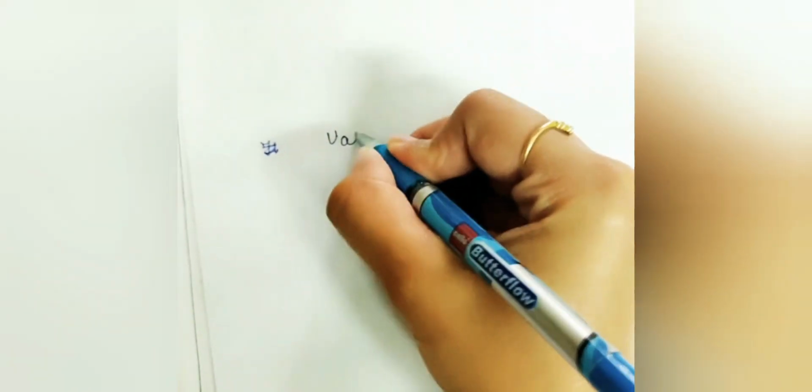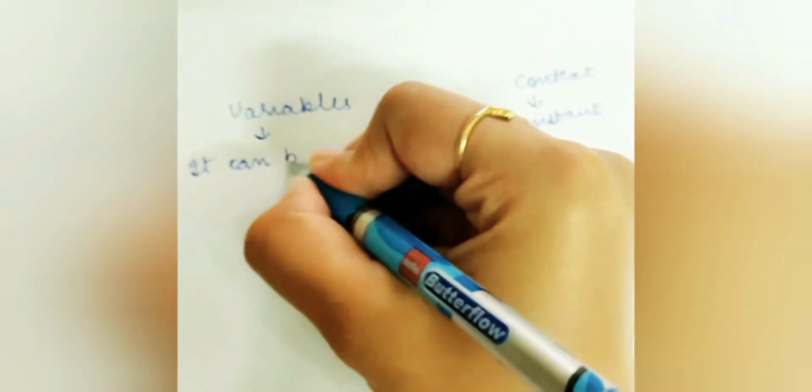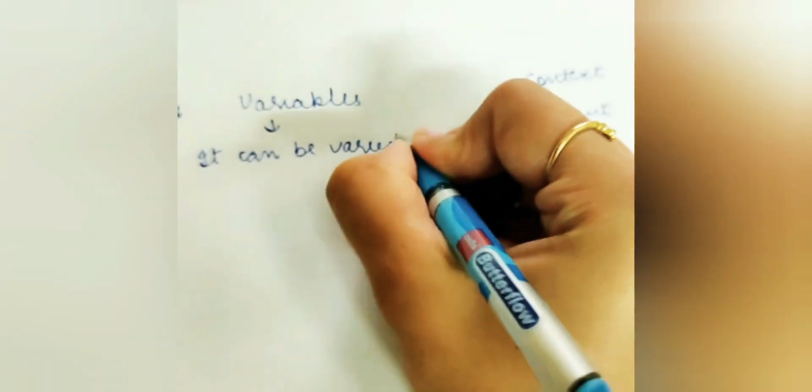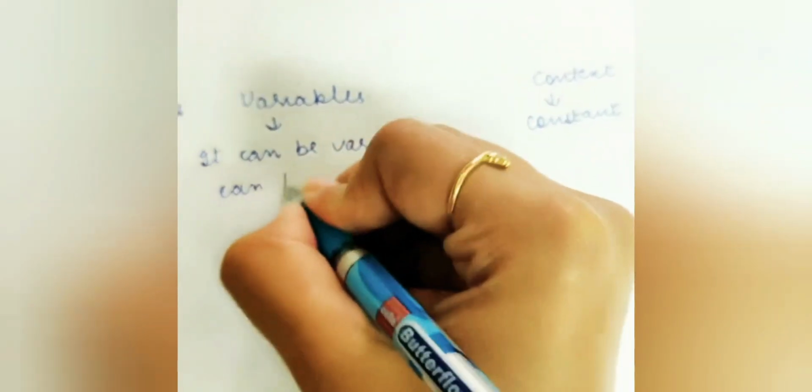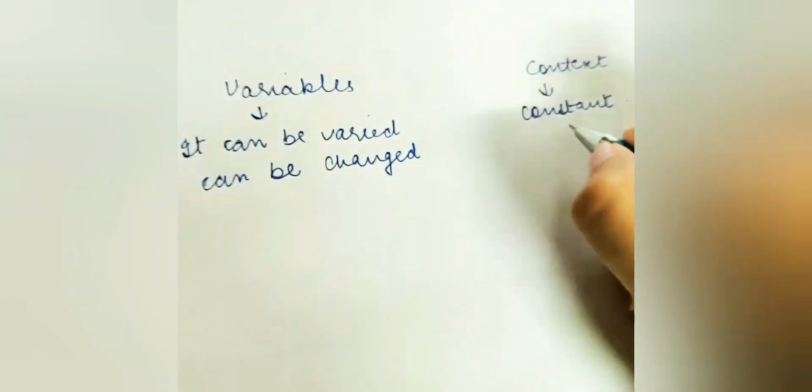There are two terms, variables and context, which is also called constant. With the name, we can identify that variables can be varied, can be changed based on the situation.